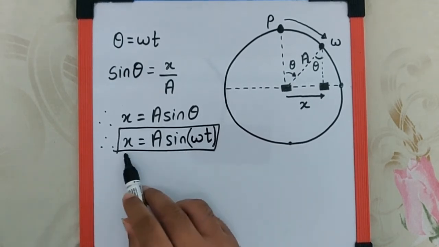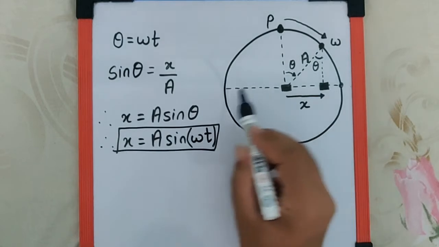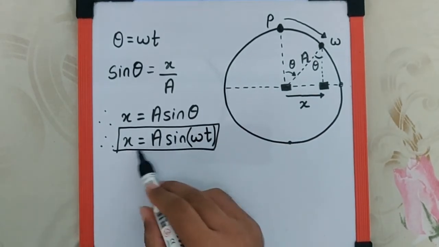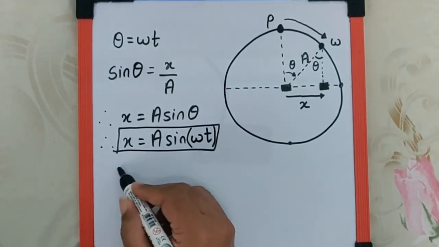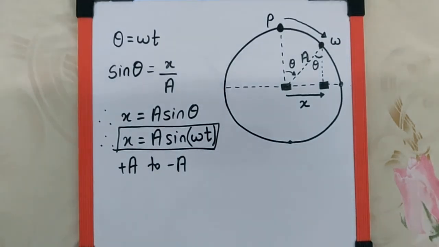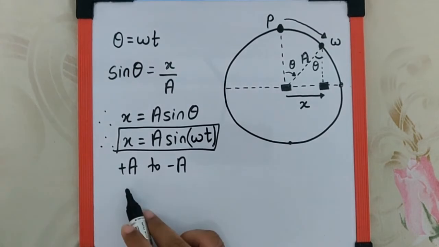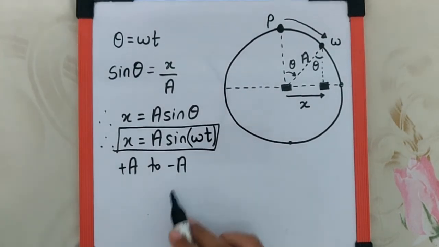By that, the value of x keeps on changing, but it has a limit, that is plus A and minus A. So the value of x varies from plus A to minus A, which is nothing but the extremes of SHM, the positive extreme and the negative extreme.